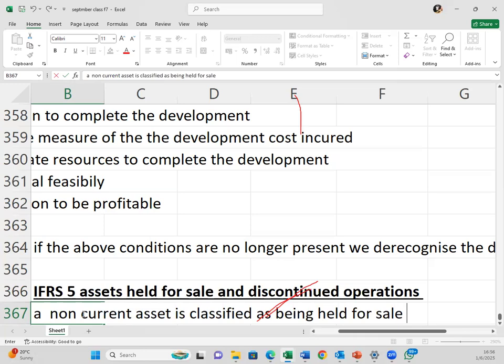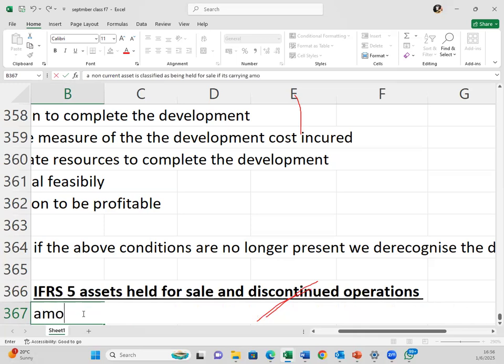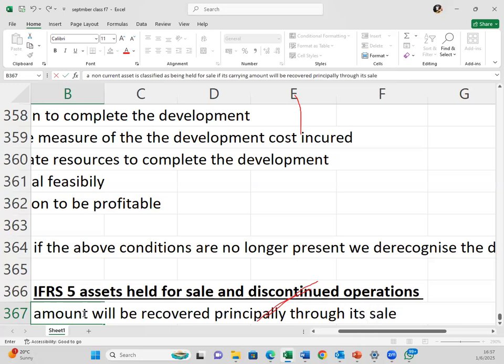A non-current asset is classified as being held for sale if its carrying amount will be recovered principally through sale itself rather than use.